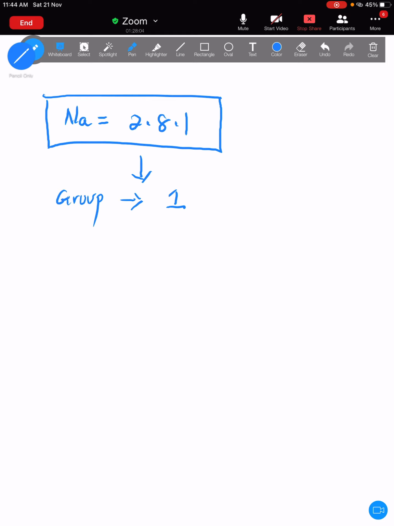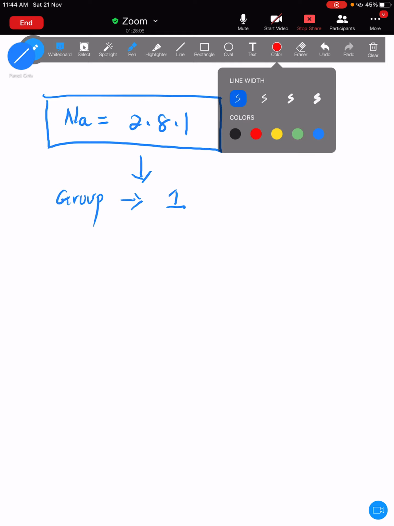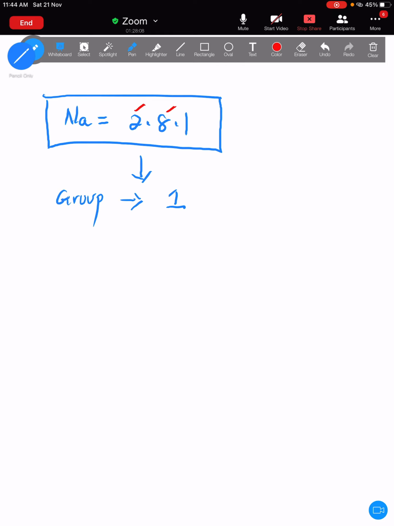And over here, you have three numbers. Three numbers stand for three shells, and three shells mean it belongs to period number 3. Third period. You get what I mean?